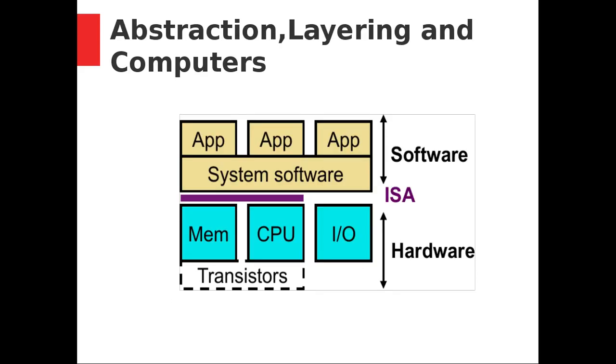What I stated earlier is described here in a diagrammatic fashion. This is what software is, and this is what hardware is. The lower part is the hardware, the upper part is the software, and in the middle you can see a purple line and a purple writing, ISA. So what is ISA? ISA is instruction set architecture.